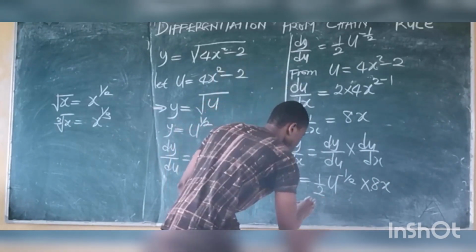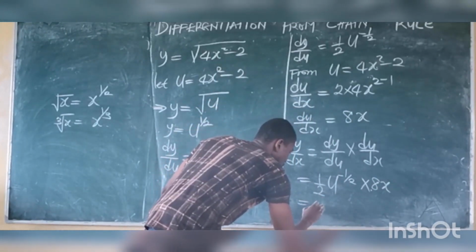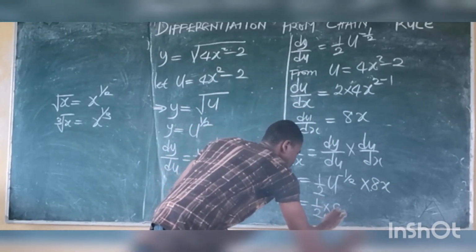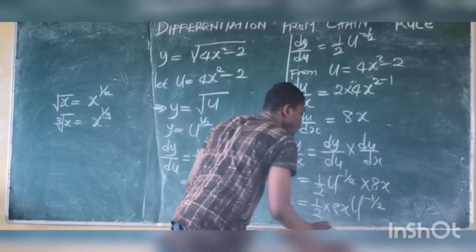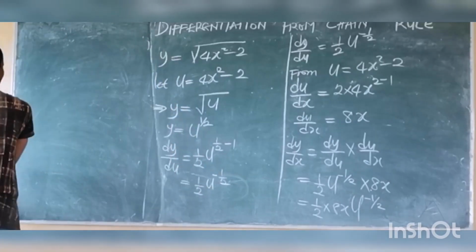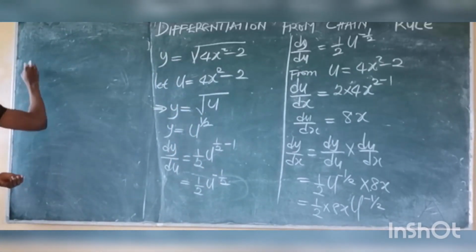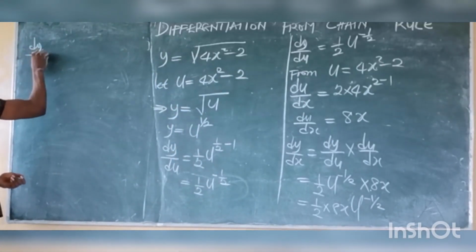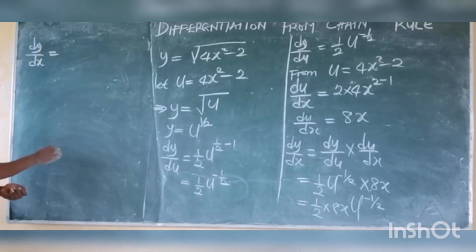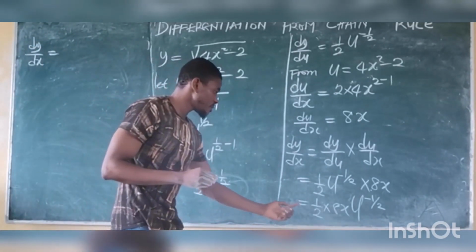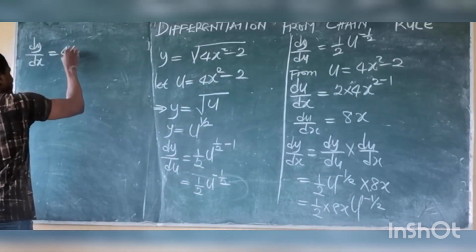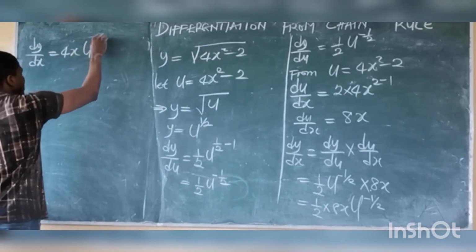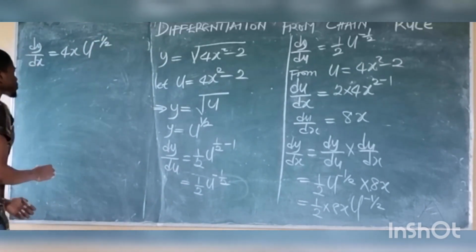So this becomes 1 over 2 times 8x times u to the power of minus 1 over 2. Of course, 1 over 2 times 8 gives me 4x, so dy/dx equals 4x times u to the power of minus 1 over 2.